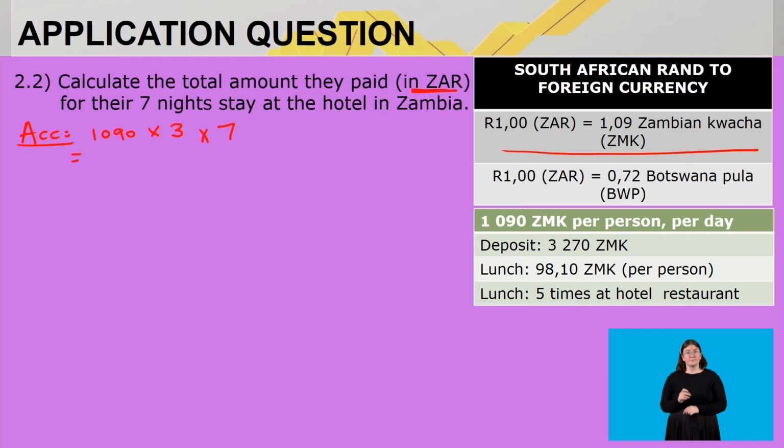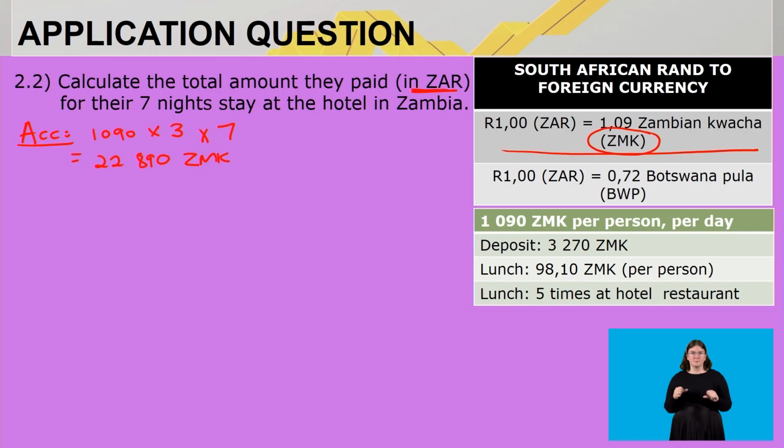And now remember, our unit now will be ZMK, Zambian kwacha. Okay, so first of all, it's 1,090, multiply by 3, multiply by 7. So that will give us for the accommodation 22,890 ZMKs. Are we still fine?